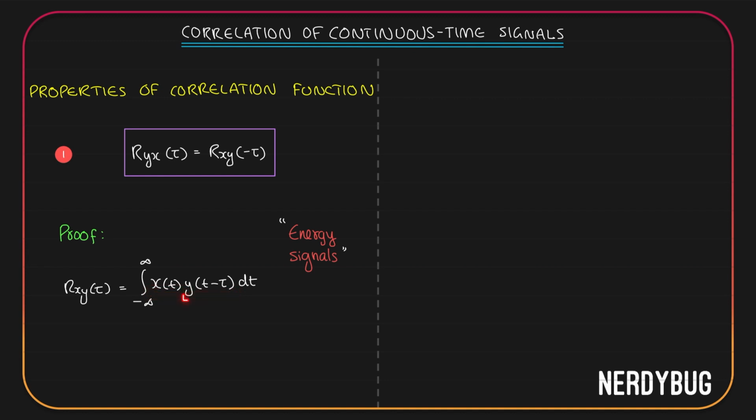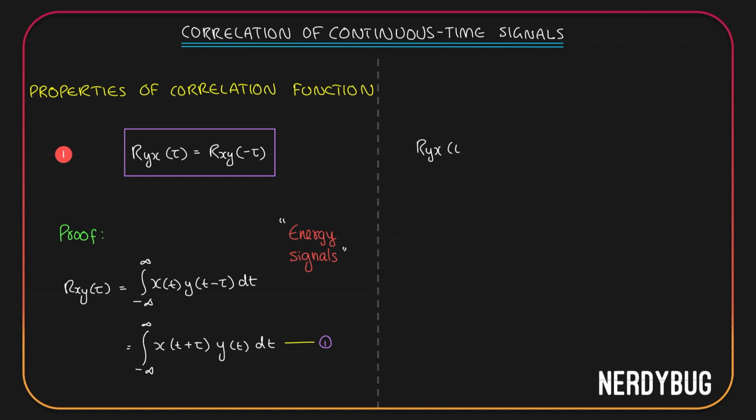Wouldn't it be the same if we just kept y of t like that and shifted x of t towards the left 2 units? Both will give us the same product, right? So this can be written as integral from minus infinity to infinity x of t shifted 2 units towards the left multiplied by y of t. Let this be our equation number 1.